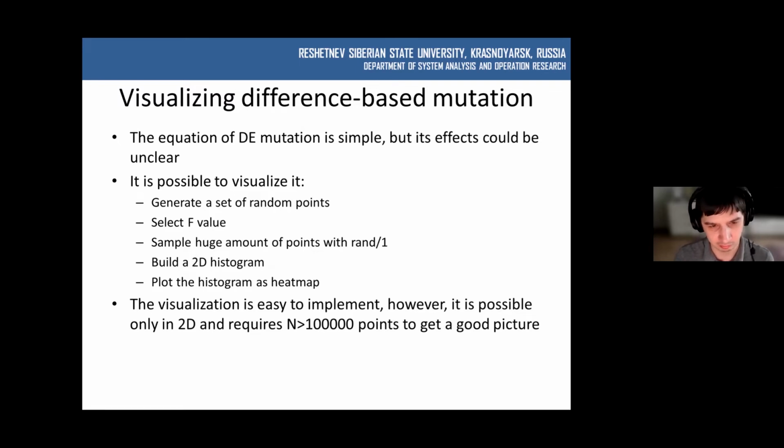We generate a set of random points, select some scaling factor values, and then we sample a huge amount of points, for example, with the rand1 strategy. Then we build a histogram and plot it and see where the solutions generated by differential evolution are. So in this case, I made an example with 100,000 points to get nice pictures.